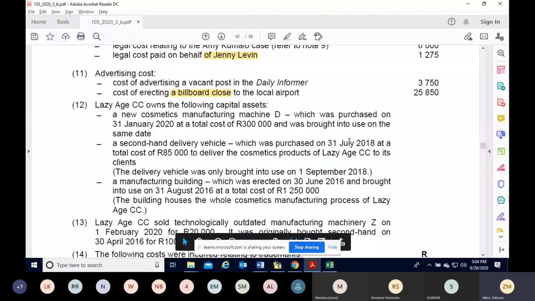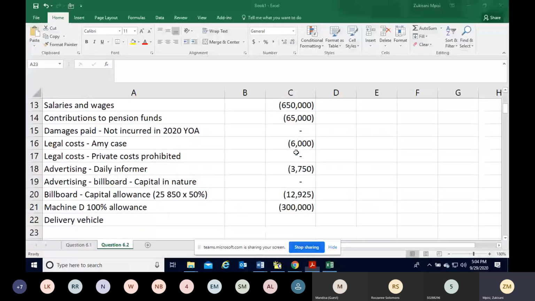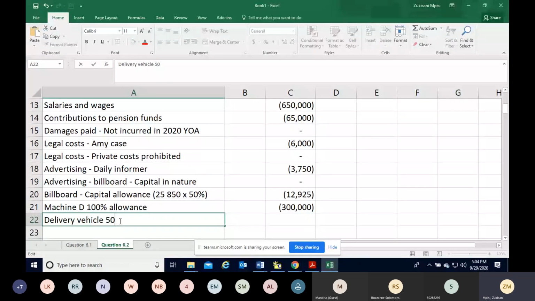It was purchased in the 2019 year. Remember, we apply 50% in the first year, 30% in the second year, and 20% in the third year. So in essence, we're going to say 85,000 multiplied by 30% because this is now in the second year.